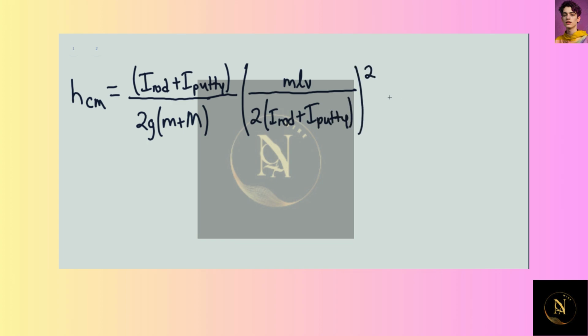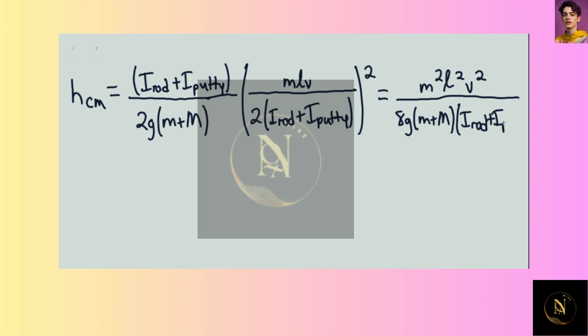This would be squared, and so this would be equal to m squared L squared V squared divided by 8g times the sum of the masses multiplied by the sum of the moments of inertia for the rod and the putty.